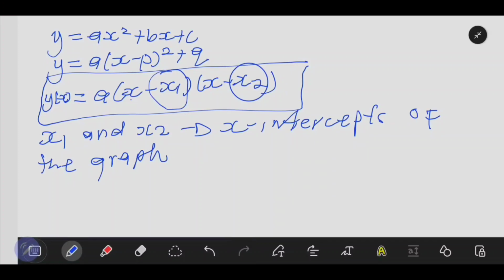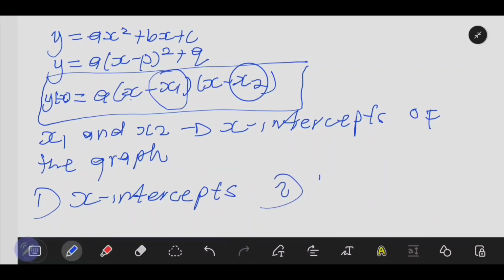So in order to apply this formula, you will be given a graph, which is sketched, or drawn according to scale, or even if it's not drawn according to scale. From that graph, if you're given the x-intercepts and at least one point on the graph, then you can determine the equation of that parabola.